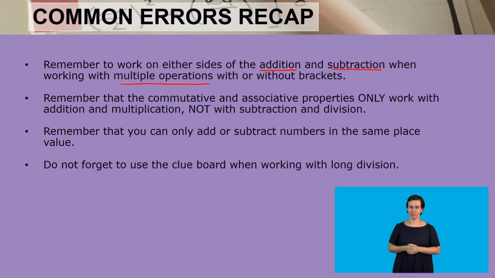Remember that the commutative and the associative properties only work with addition and multiplication, not with subtraction and division. Remember that you can only add or subtract numbers in the same place value, right? And then do not forget to use the clue board when working with long division. We have seen how much that clue board helps us.